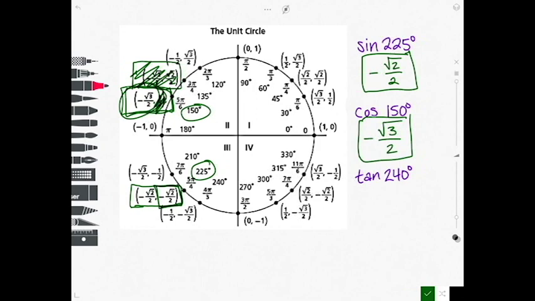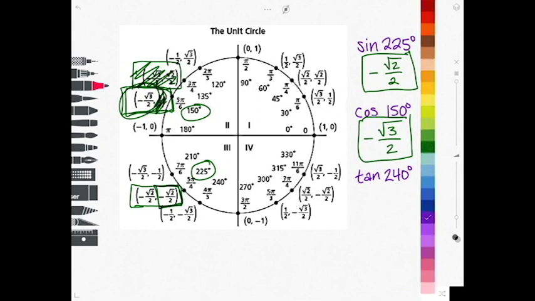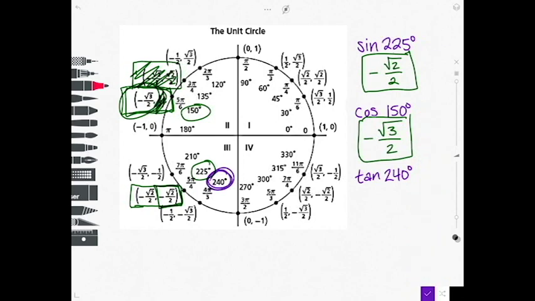So if I go to 240 degrees, let me use a different color here. This is 240 degrees right there. Here is the coordinate point, and I have to take the y, so negative root 3 over 2 divided by negative 1/2. And immediately everyone freaks out. But here's the deal.